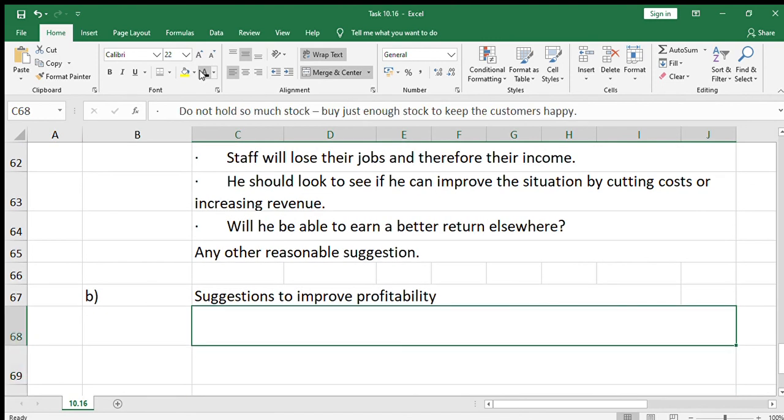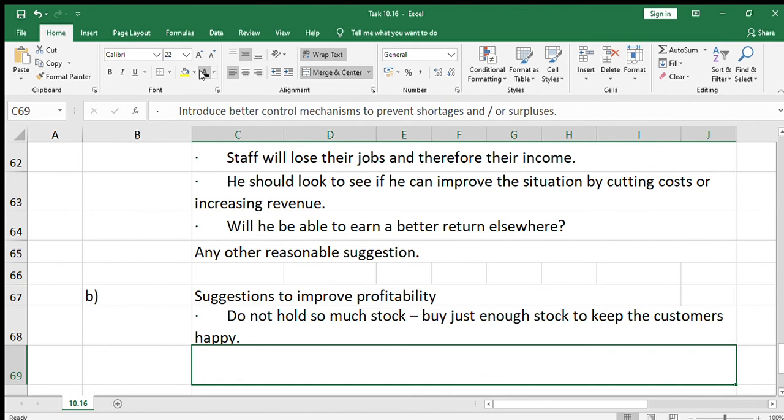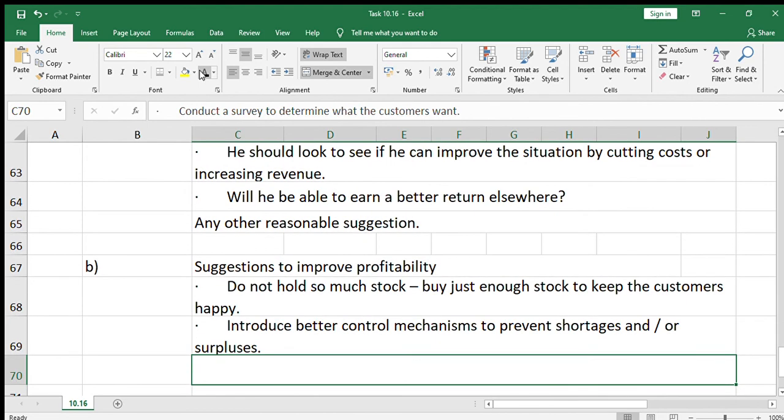Then we have to switch. If he decides to continue, how can he improve his profitability and efficiency? Okay, he must not hold so much stock. Just buy enough stock to keep the customers happy. That will also reduce the spend. Then he should introduce better control mechanisms to prevent shortages and or surpluses.